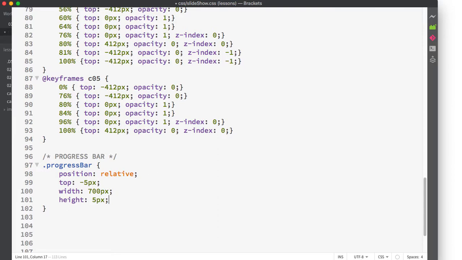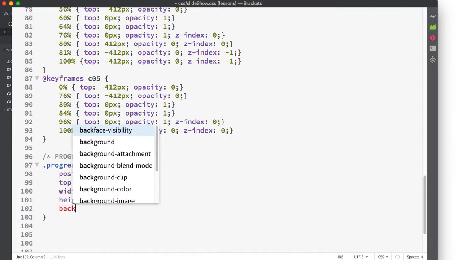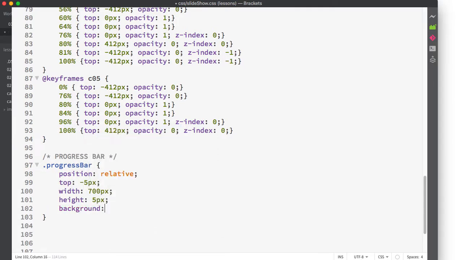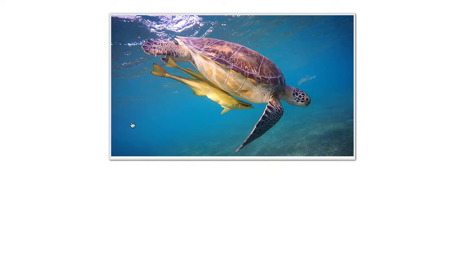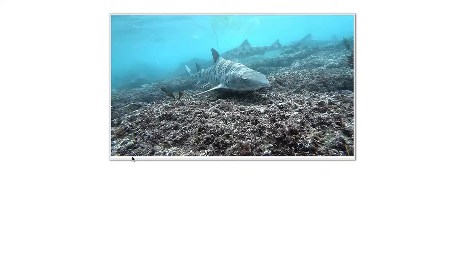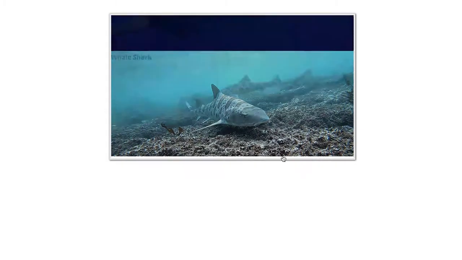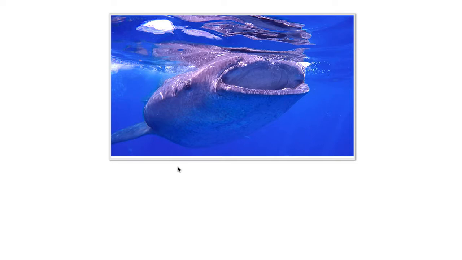So we're not going to make it very tall. And let's just set the background color to white. And let's see what that looks like. So if we save and we refresh, you can see that here's the white bar. It does look like it's fitting where we want it to be, and it's extending the width of the picture. So that looks pretty good.